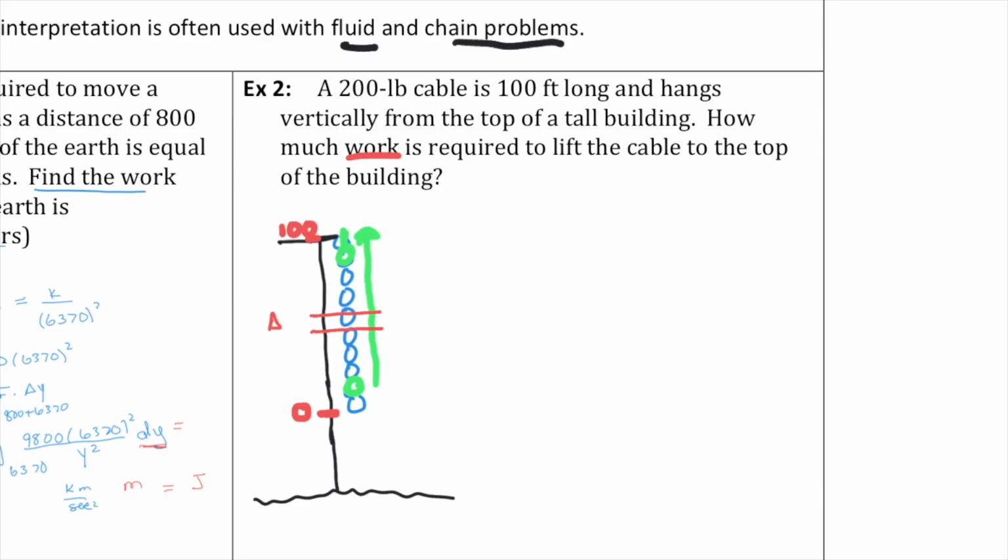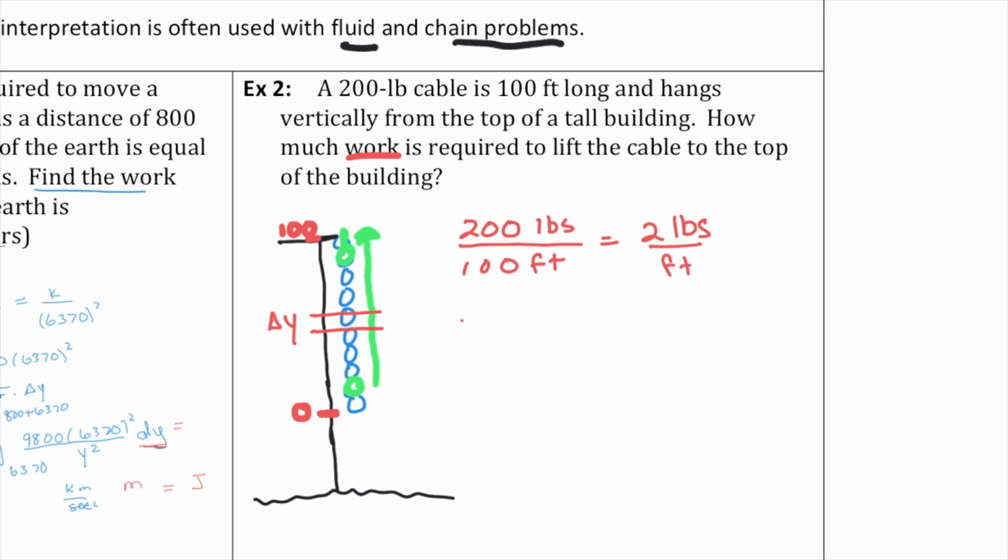For this problem, let's consider the weight of one slice of this chain. We're going to cut the slice according to delta y. So one slice, let's see here, the entire cable altogether is 200 pounds. But one slice of cable would be 200 pounds divided by that 100 feet, or we know that it's going to be 2 pounds per foot.